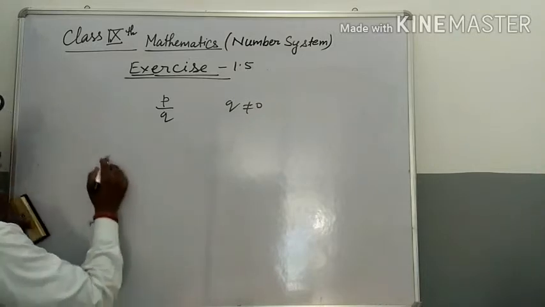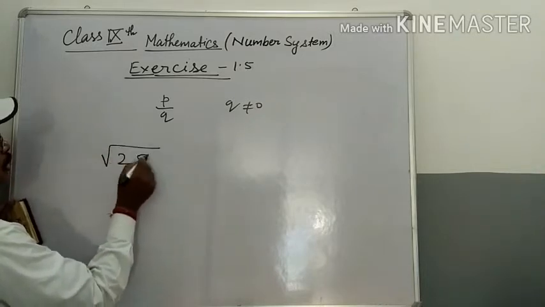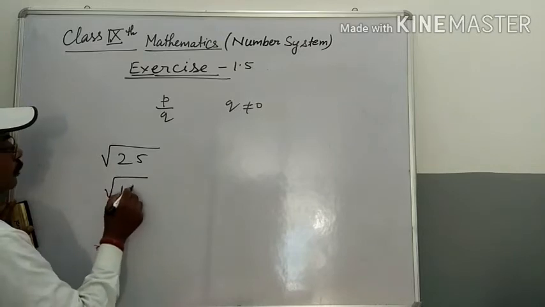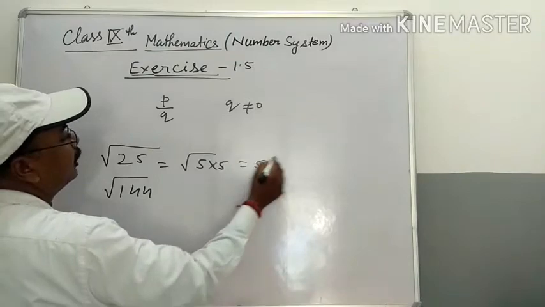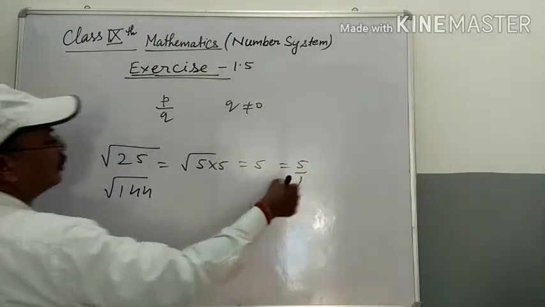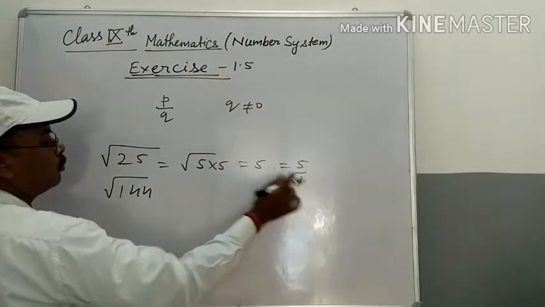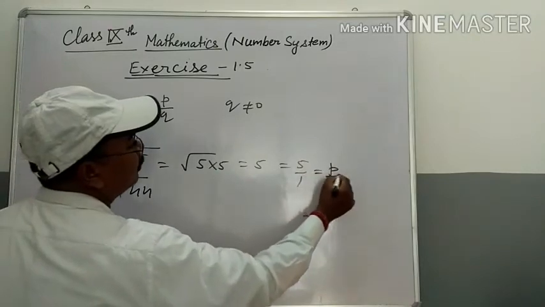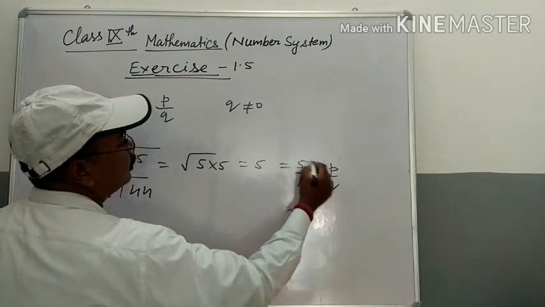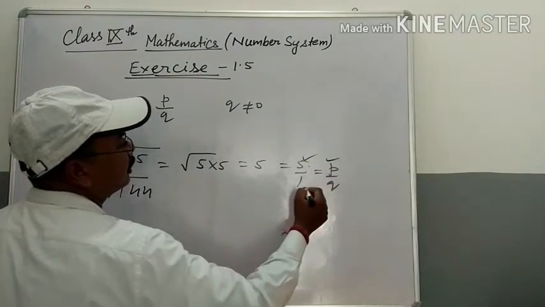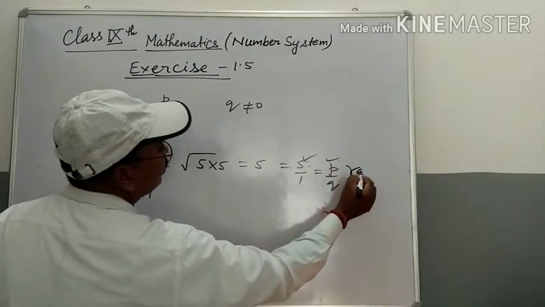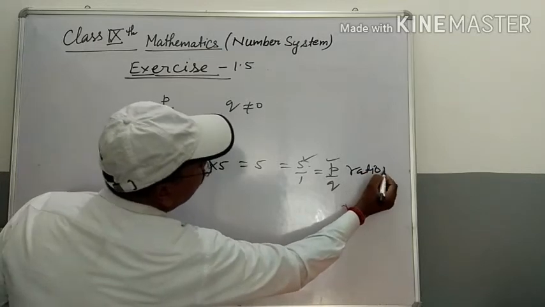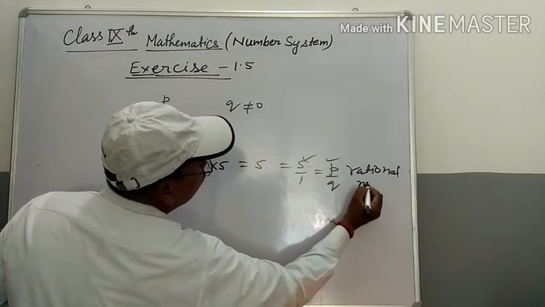And if n is a perfect square, like 25 or 144, the square root of 25 is 5, and 5 can be written as 5 upon 1, which is the form p upon q. 5 is p and 1 is q. It means that is a rational number.